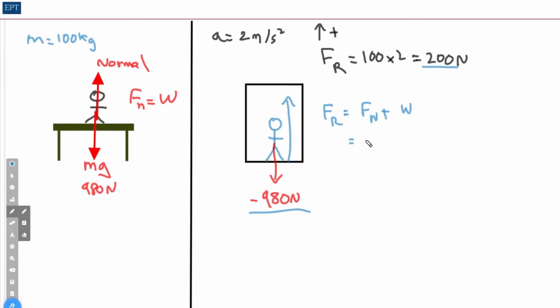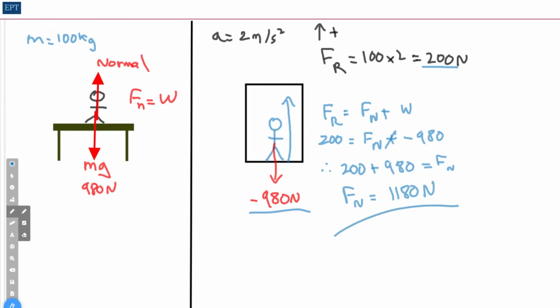So our Fn, which is what we're trying to find, is going to be equal to our 200, which is our overall force, plus minus 980. So we can effectively just scrub that out. Rearranging that, we get 200 plus 980 equals Fn. So the normal force created by the floor of the lift in this case is 1180 newtons.